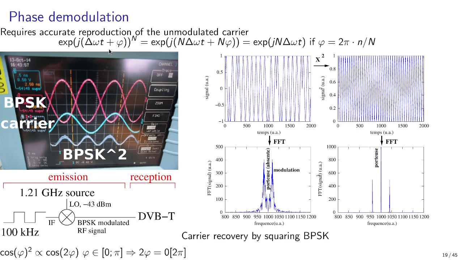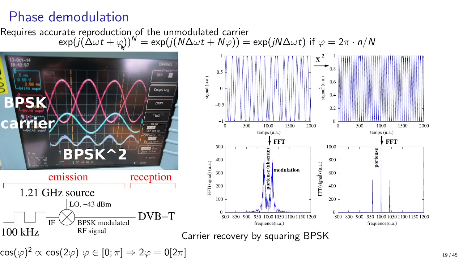The trick for NPSK, which is the n-stage representation of phase shift keying, is that the nth power of the signal, where the delta omega t, which is 2 pi delta f t, 2 pi the frequency offset between transmitter and receiver, is added to the random phase that we wish to detect. This phase here in NPSK is 2 pi k over n.